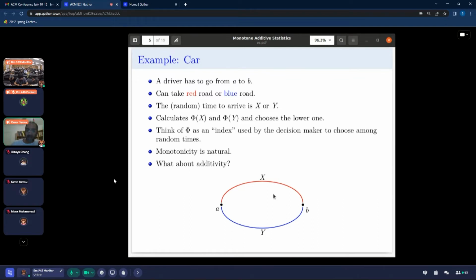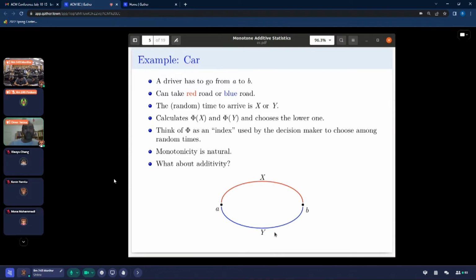So if the blue road takes more time than the red road, then great, we're going to take the red road. But in general, we don't know exactly how much time it's going to take. But we do have some distribution. We have some idea of the distribution of the amount of time that would take us to get from A to B on the red road, that we'll call X, and on the blue road, that we'll call Y.